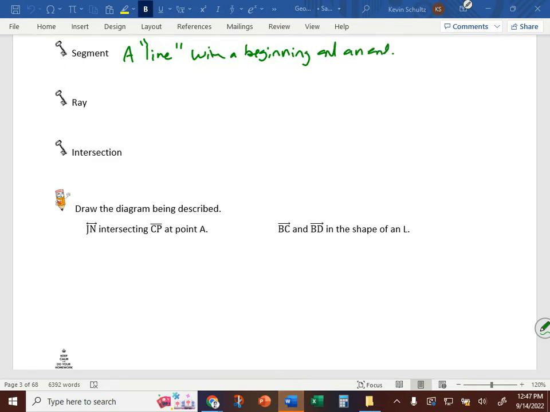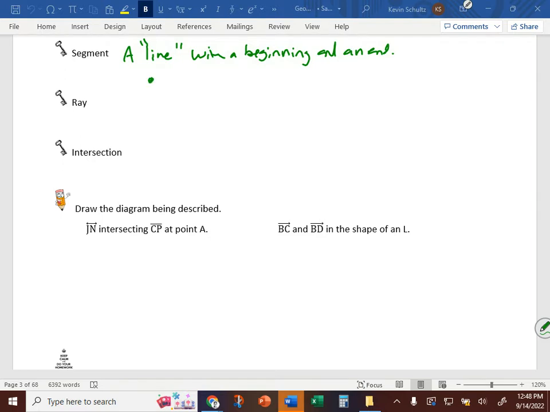Yes, it's a line with a beginning and an end. It's a line in quotations because it is straight. Okay, it does not curve. It connects two or more points. But the important difference is that it has a beginning and an end.